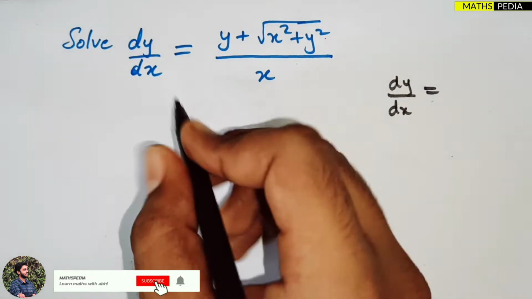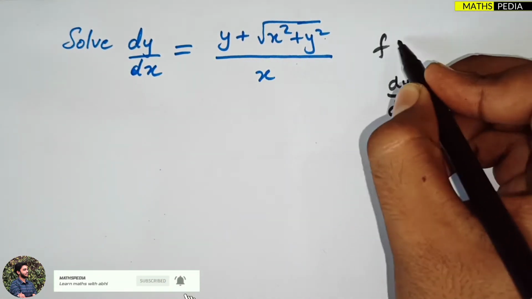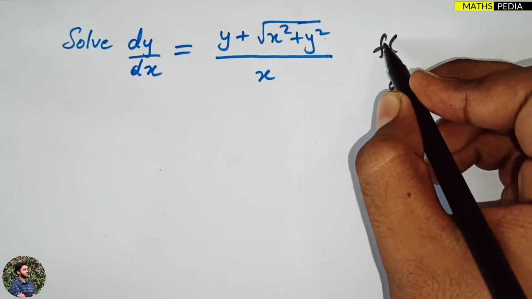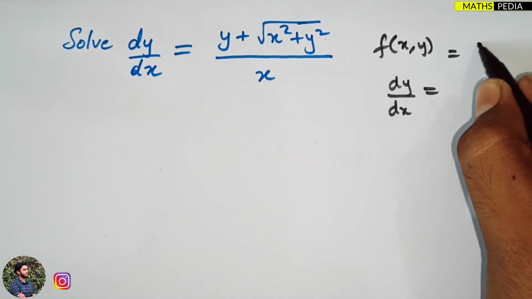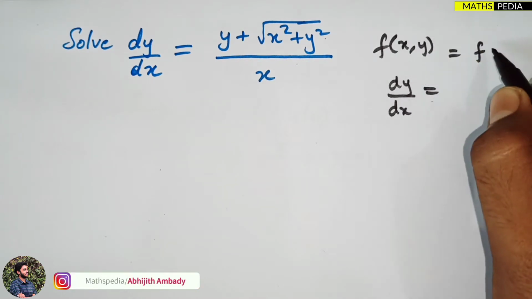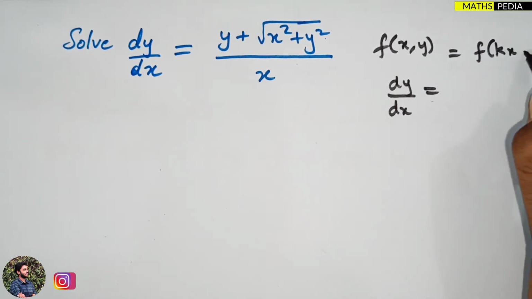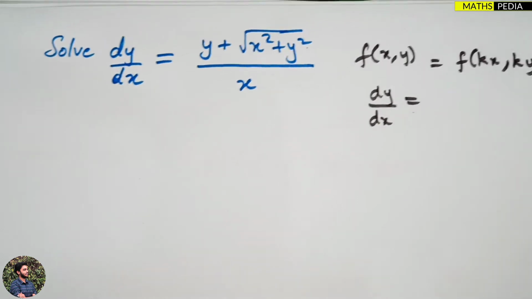Simple thing, you need to remember that you might have studied: if the function of x comma y is given, then you have to replace x with kx, some constant, and y with ky.